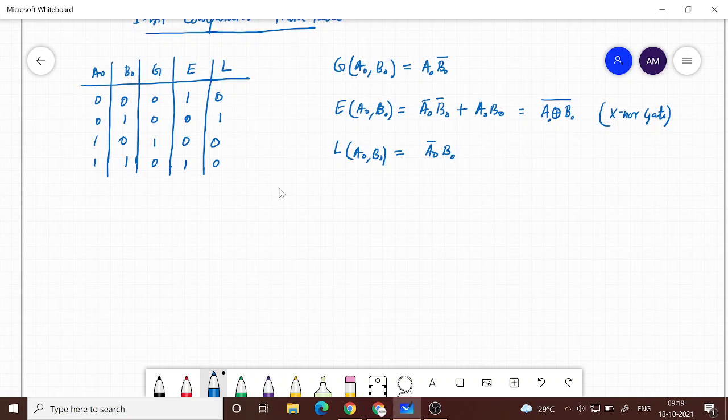Alright, so let's implement this. We have A0 and B0, and let us take the complement of A0 and B0.